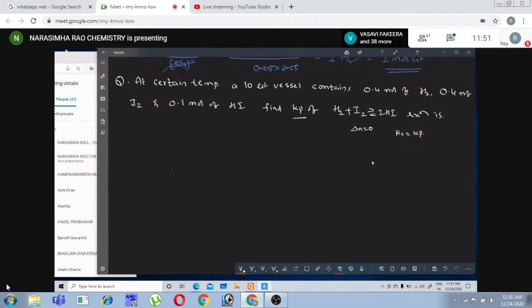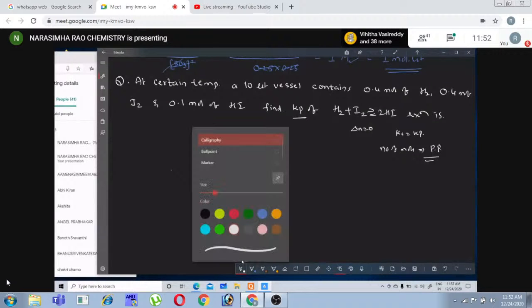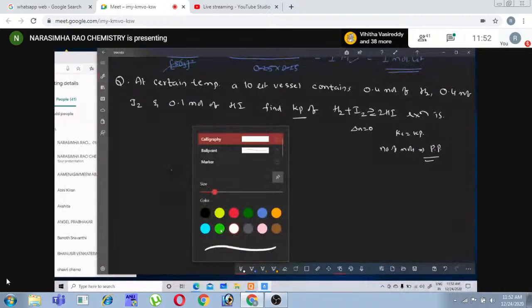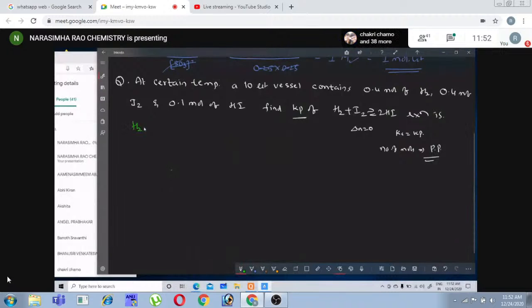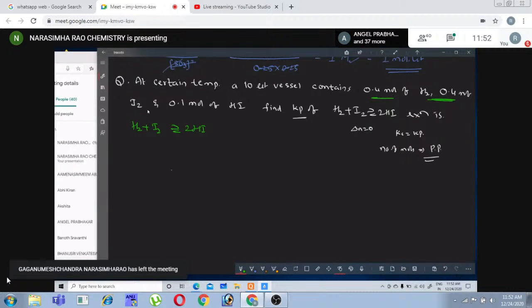No problem. If total pressure is not given, then the number of moles is taken as the partial pressure. Now my equation for this one is H2 plus I2 in equilibrium with 2HI.